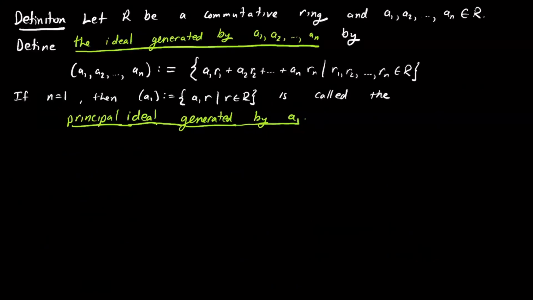Okay, so this is one of our nice important examples, and we'll come back to this in a few videos. Another really important ideal that we're going to consider is the ideal generated by a set of elements from R. So let's think about this.